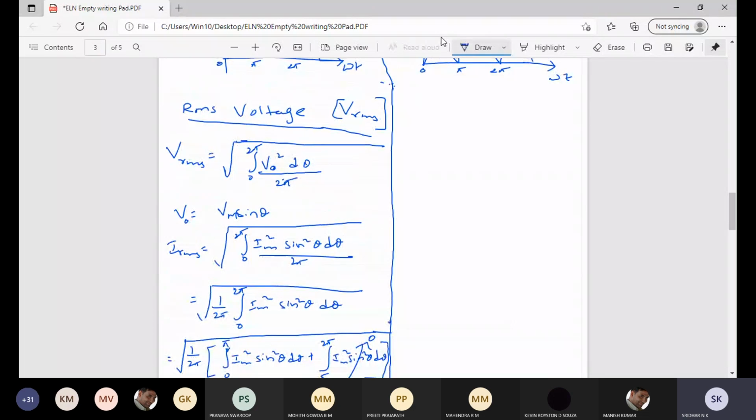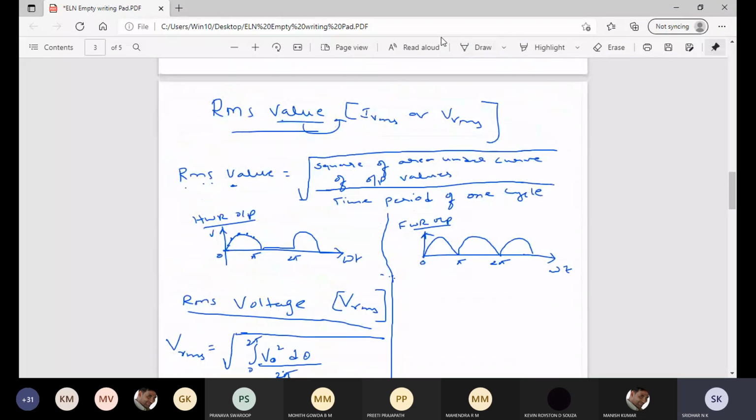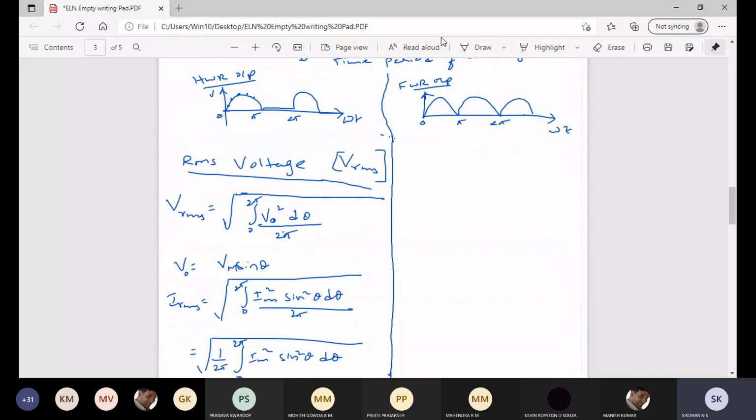Now you see the formula remains the same: the square of the area under the curve of the output value divided by the time period of one cycle. So if you want to find the current, one second, I'll just write it back.